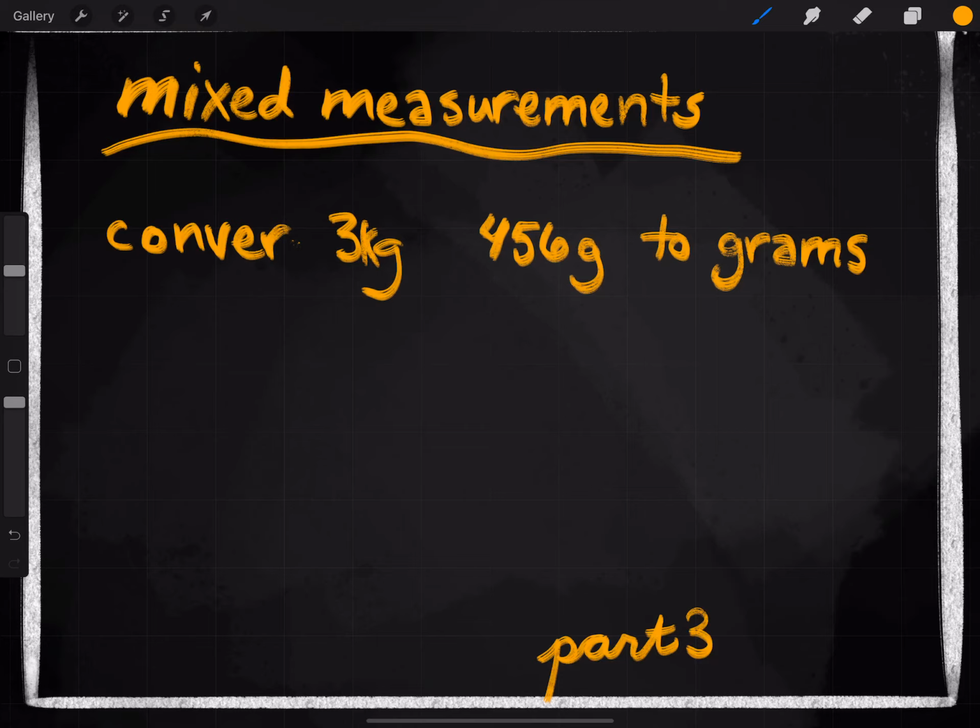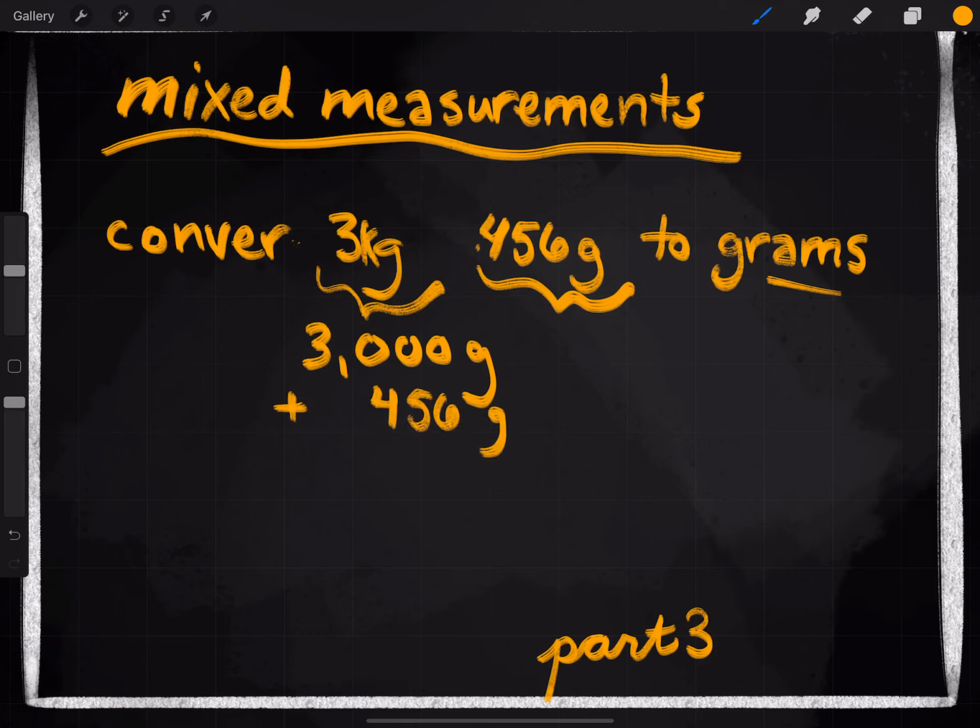So I want to change this so that instead of being measured in kilograms and then in grams, it will be all in grams. So if you want to give that a try, you can. So 3 kilograms is the same thing as 3,000 grams.